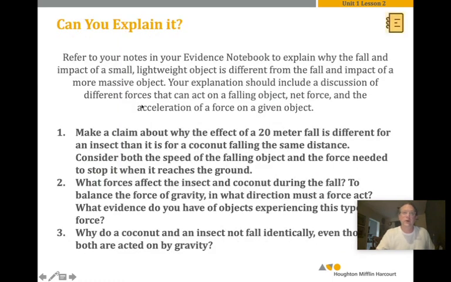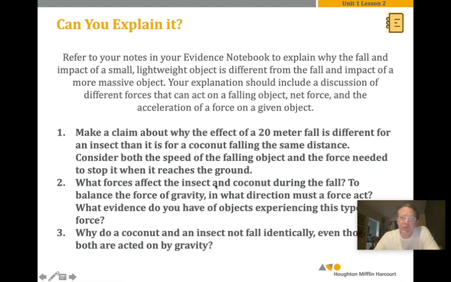My bad. Okay, now that you are familiar with force pairs, what are the force pairs acting on the ant? If it fell from 20 meters, why is that different than a coconut falling from 20 meters? Can you state a claim?